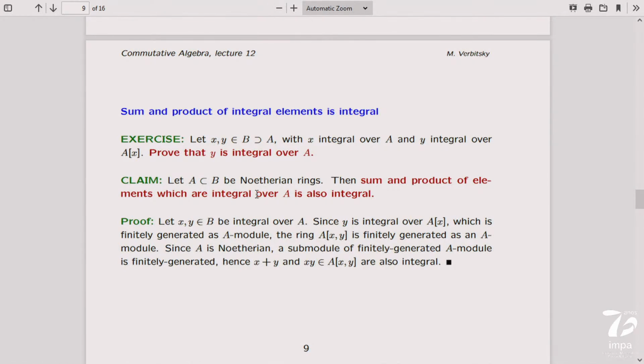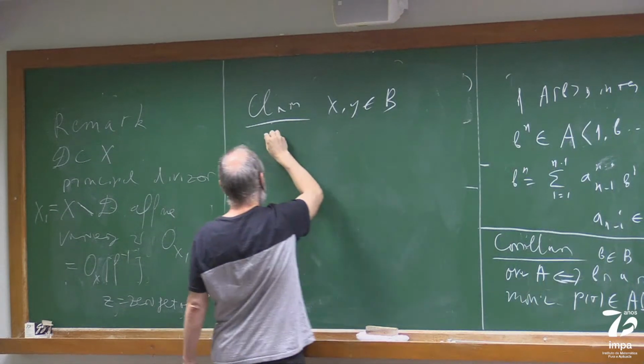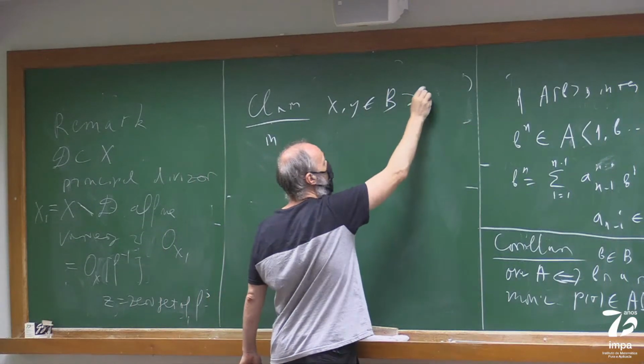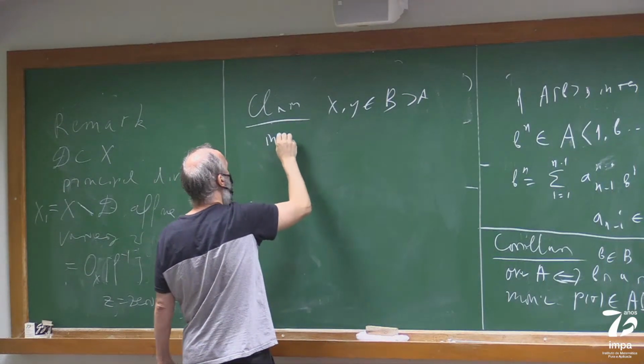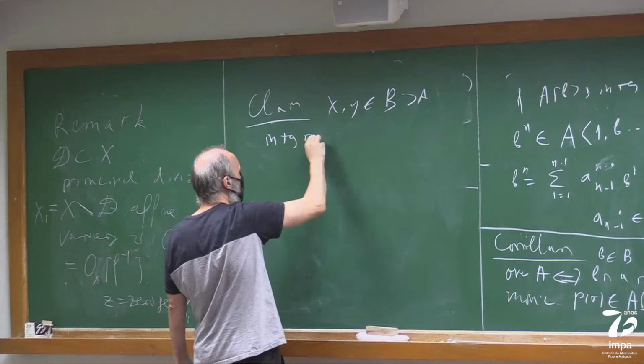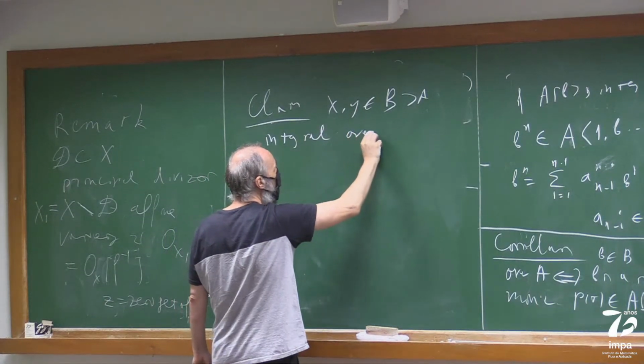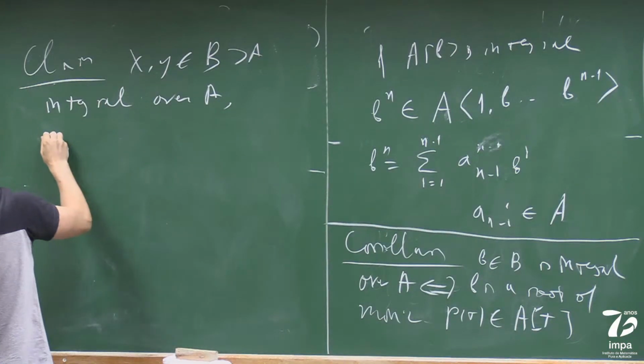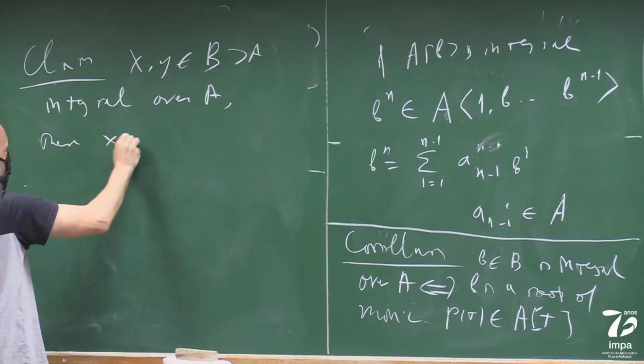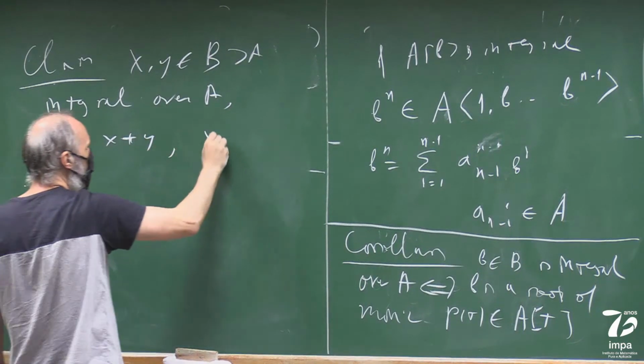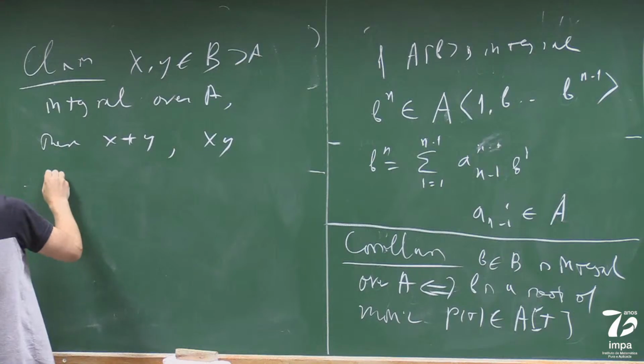So claim: if x and y inside B are integral over A, where B contains A, then x plus y and xy are also integral.